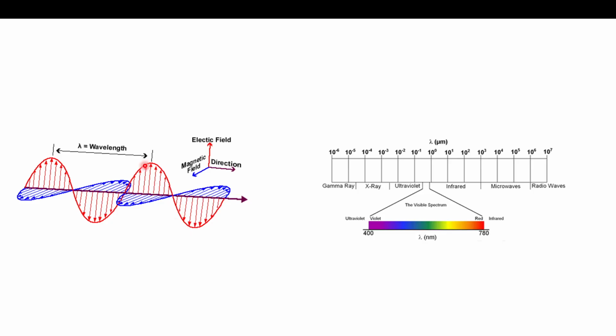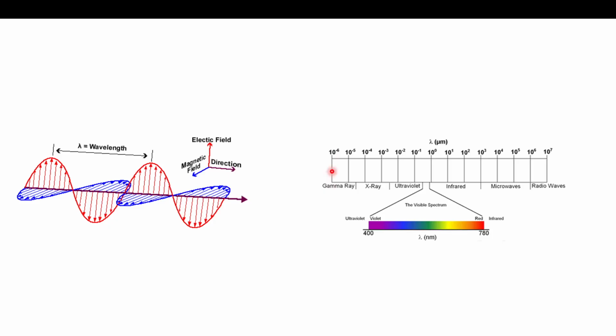Suppose we say this is the z axis, and this is x and y. If the direction of wave propagation is the y axis, then the magnetic field or B vector is along the x axis, and the E vector is along the z axis. This might not be the case, though; it can be a different scenario altogether.